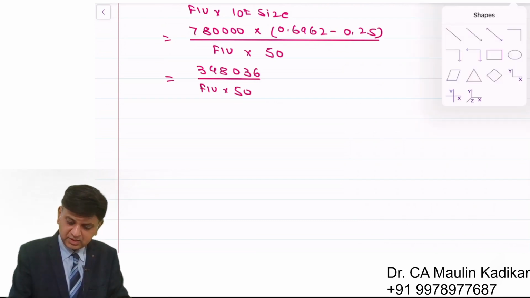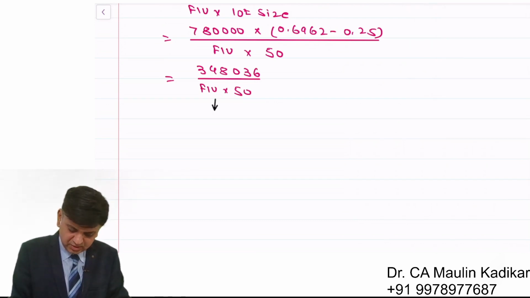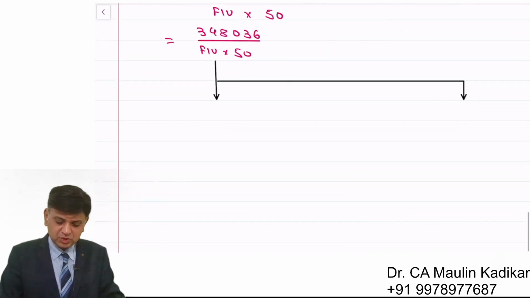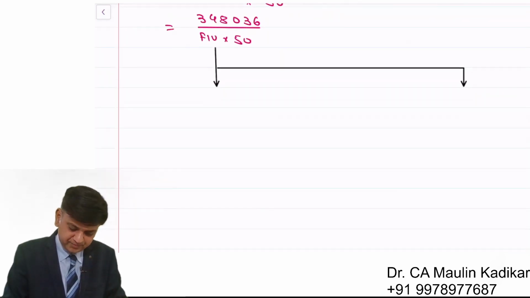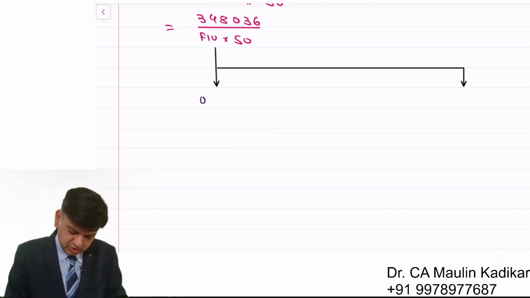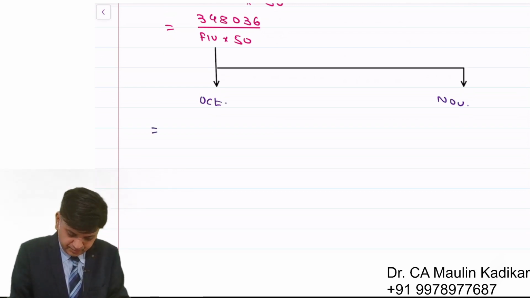Okay, now what will happen, dear students? There are two futures contracts in which we have to enter, because the question is not providing exactly for which month you want to do hedging. So it is October and November. So it is 3,48,036.